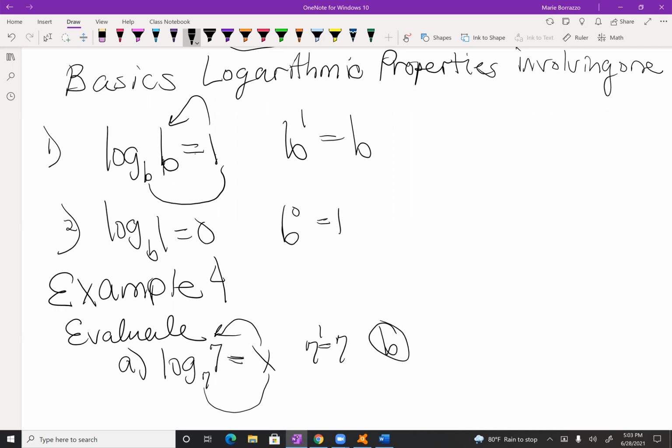Okay, in example B, they give us log base 5 of 1. That's all they give you. You have to remember to put the equals what. 5 to the what power is 1? 0. So that means x is equal to 0. And that's all they ask you in that one. Okie dokie. Easy, right?